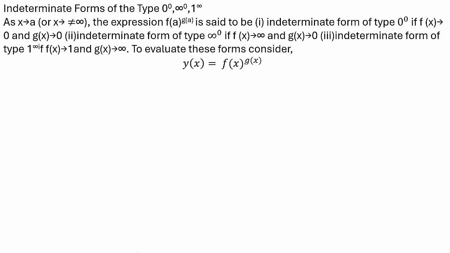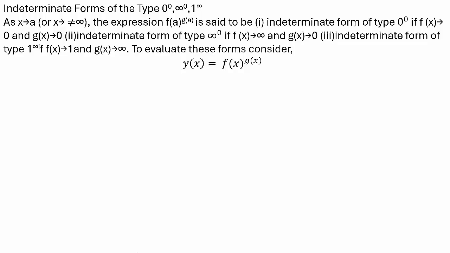Now, another forms: 0 raised to 0, infinity raised to 0, 1 raised to infinity. As x tends to a, or x tends to plus infinity, or x tends to minus infinity, the expression f(x) raised to g(x) is said to be indeterminate form of 0 raised to 0 if f(x) tends to 0 and g(x) tends to 0.